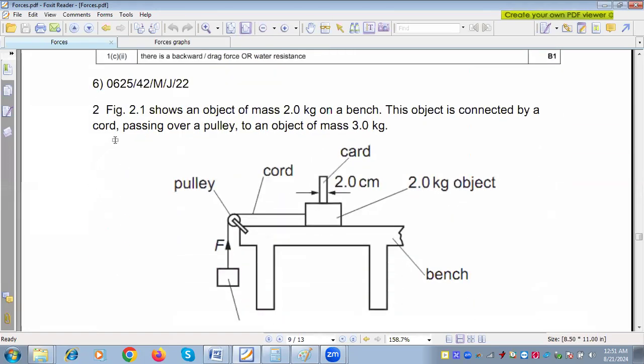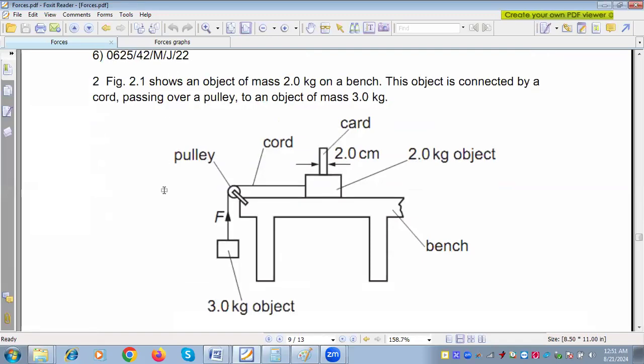Okay, the next question, variant 42, May June 2022. This is related to a light gate. Figure shows an object of mass 2 kilogram on the bench. This is question number 2 of that year. This object is connected by a cord passing over a pulley to an object of mass 3 kilogram.